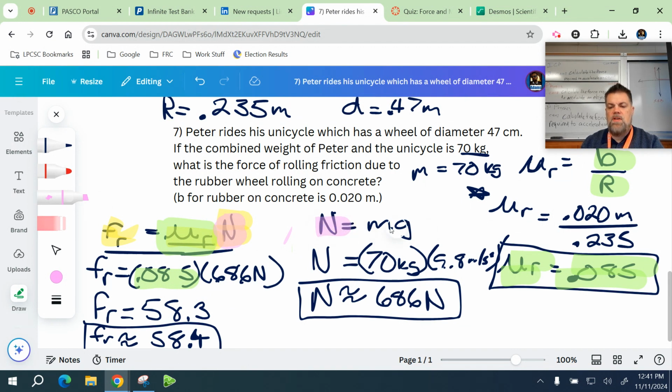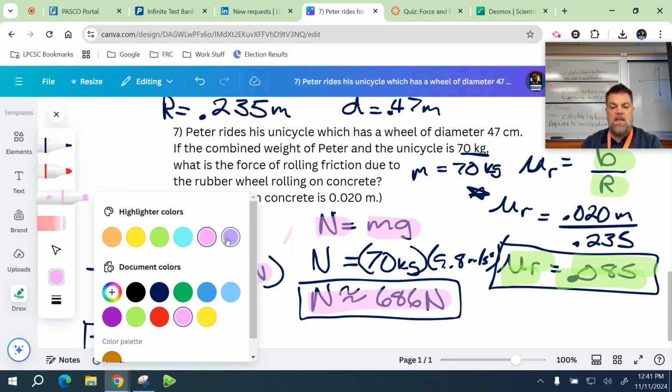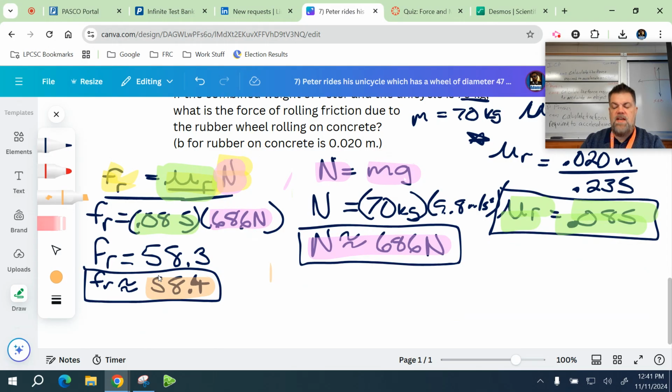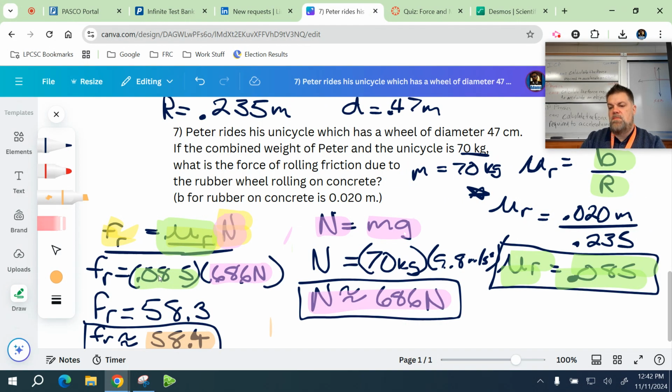So the normal force is just the mass, in this case the combined mass of Peter and the unicycle, times the acceleration due to gravity. So when we crank through that math, we got the 686 number. The formula says just multiply those two numbers together. And when we were done, this was our actual answer, but the textbook and the multiple choice said that was the final answer there. Okay, that's it.